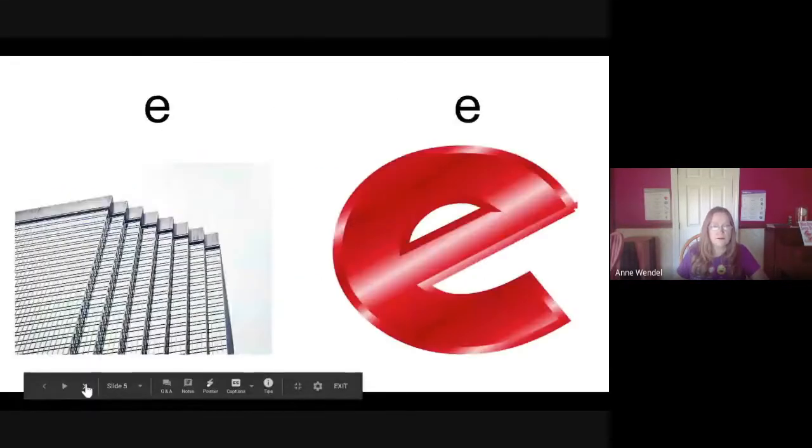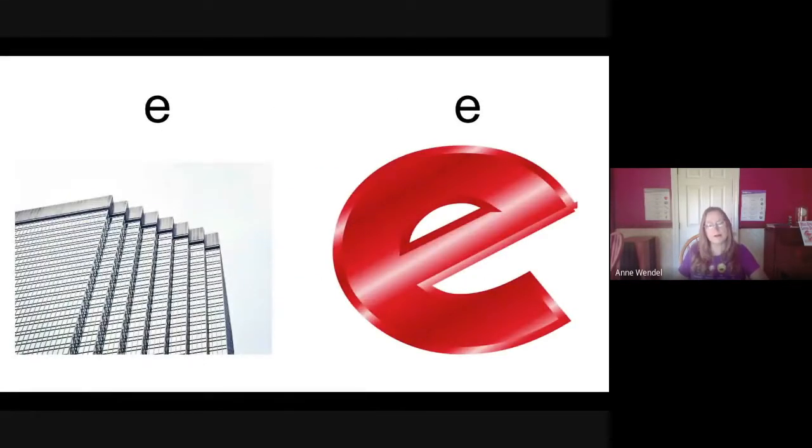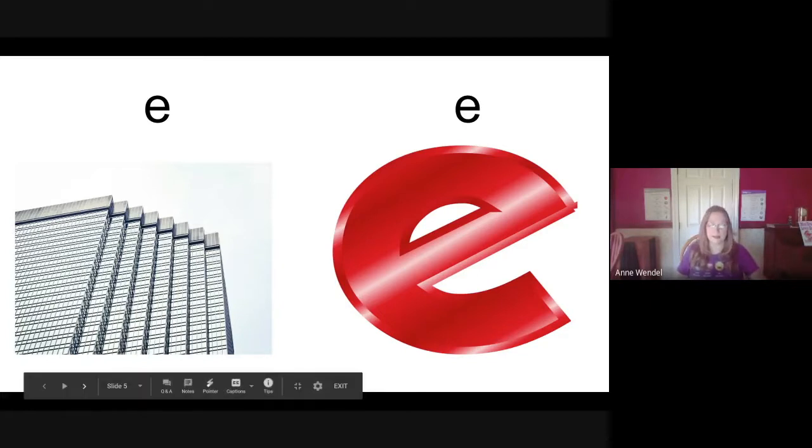And here we are. We're going to review some vowel sounds you should already know. What is one sound an E makes? What's another sound an E makes? Yes, the short sound of E is eh as in edge. That picture on the left has a lot of edges in it.